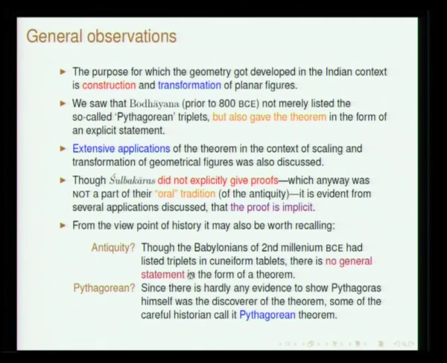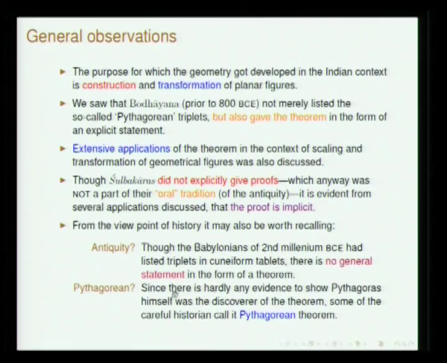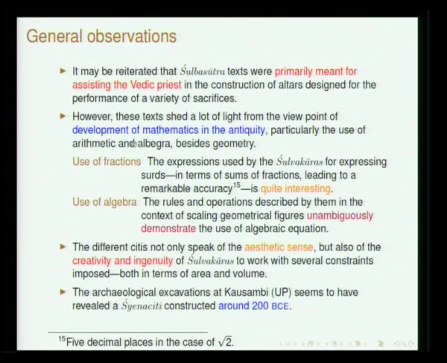And regarding antiquity, though we find various triplets in the Babylonian cuneiform tablets, there is no general statement like the Bodhayana theorem in any of these other traditions. Regarding Pythagoras, many careful people use Pythagorean, since whether Pythagoras was directly involved or not we do not know, and therefore, they call it Pythagorean. And these Sulva Sutra texts are primarily meant for assisting the Vedic priests, okay, that is the purpose of this. So, let me reiterate that.